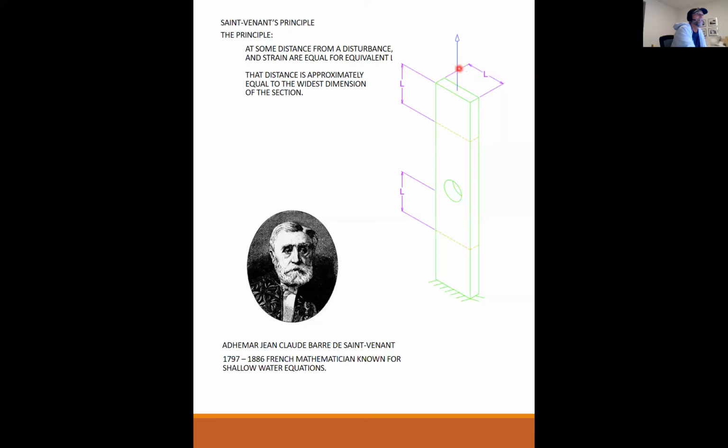As long as the loads are equivalent, which is the total magnitude and the total point of application are equivalent, then at some distance away, the material could not tell the difference. It's still just going to be P over A. That was another point to St. Venant's principles. Okay, any questions on Mr. St. Venant?